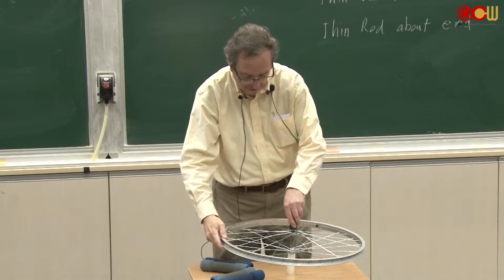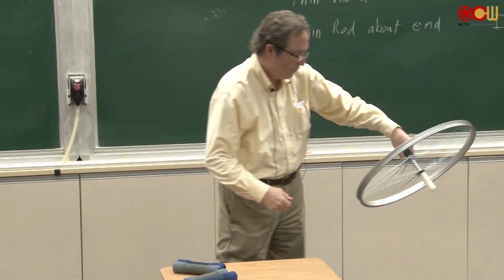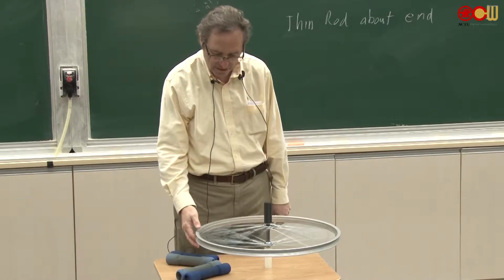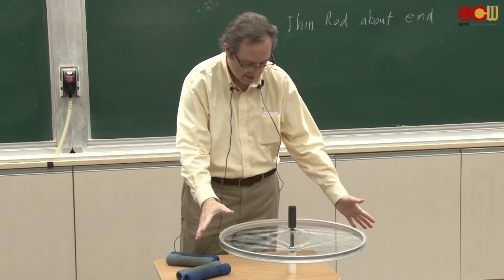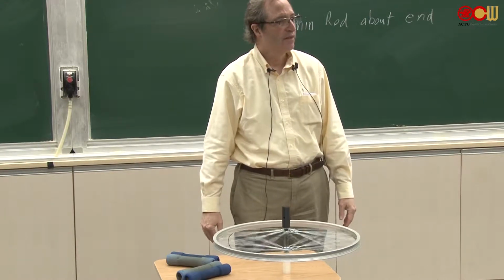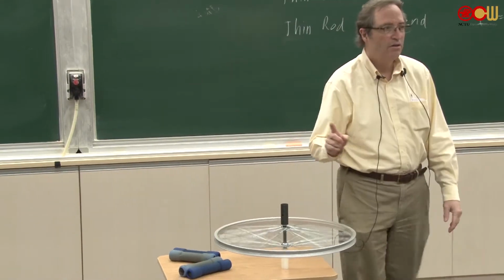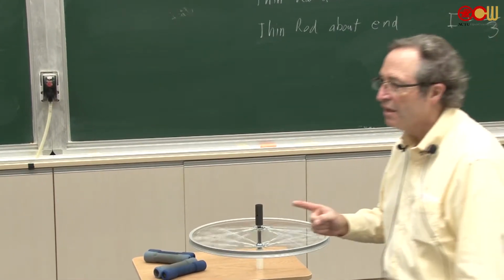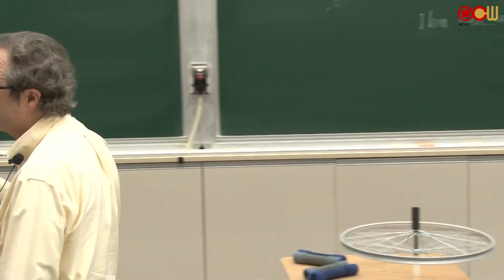But if I rotate it and stick it on there, it's actually pretty steady. I even touched it and it stayed there. So when something has angular momentum, it takes some torque to stop it.